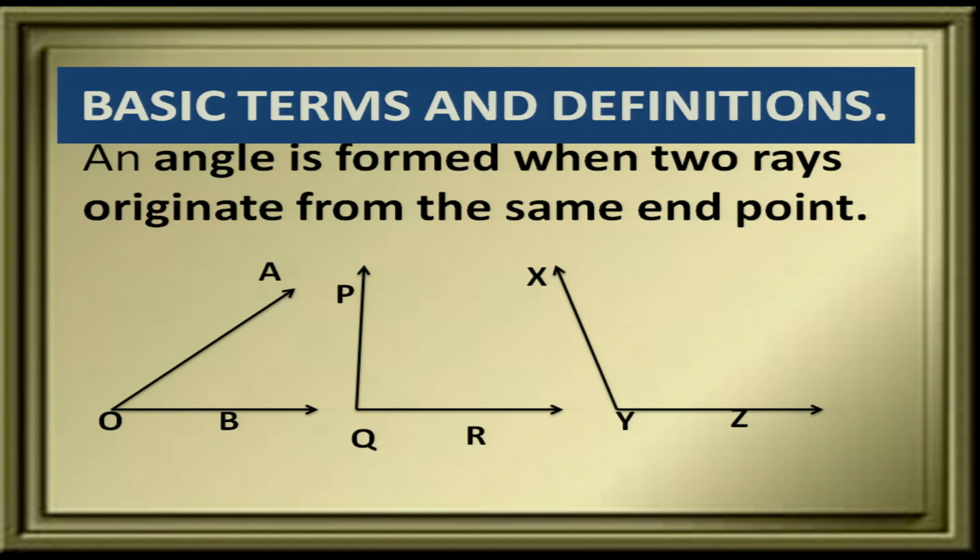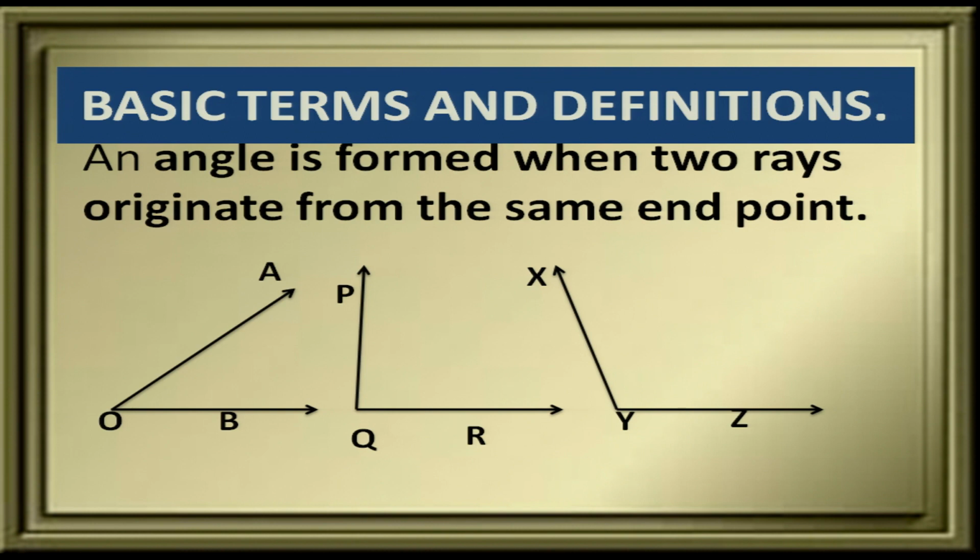And in the next figure, you see QR is a ray with origin Q, and another ray with origin Q is QP, that forms the angle PQR. And in the next figure, we have the angle XYZ, where Y is the origin of two rays YZ and YX.